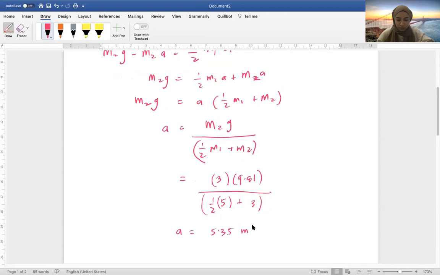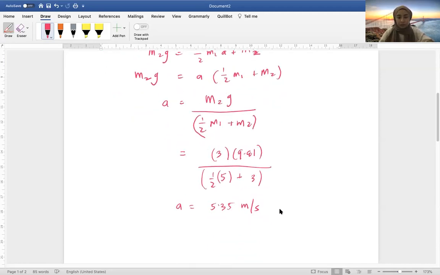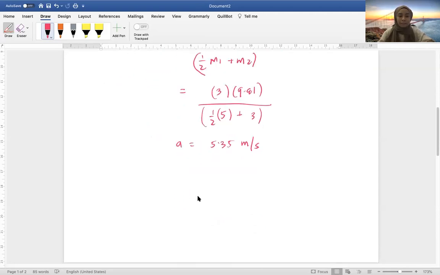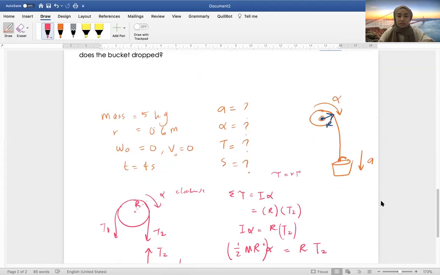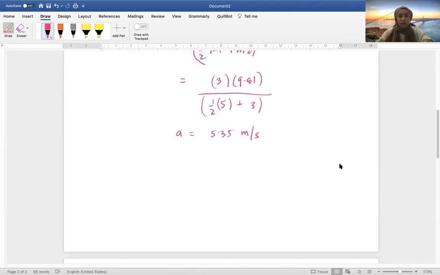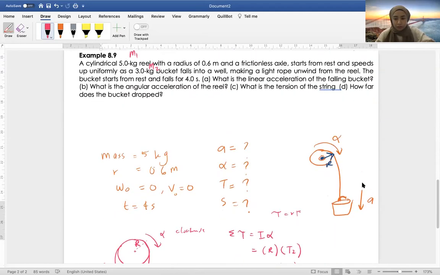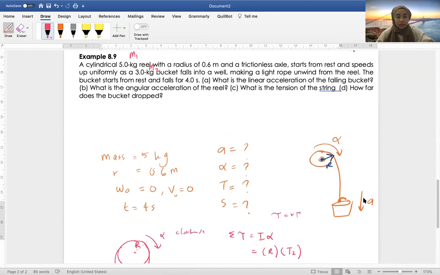Okay, thank you. 5.35. Now, the answer is not complete. Acceleration is a vector. I have to give the direction, right? So the direction is, we labeled this here. And from our assumption, our A is going down, right? This is our assumption.